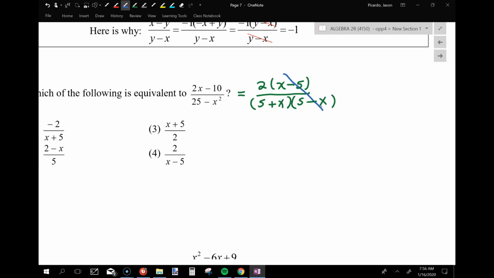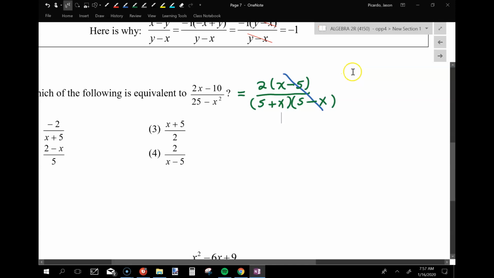Does it go both? Well, here's the reason why it definitely doesn't go both. Because if it goes in the top and the bottom, what's negative 1 divided by negative 1? Positive 1. So if I put it in both spots, it didn't reduce to be negative 1, it reduced to be positive 1.